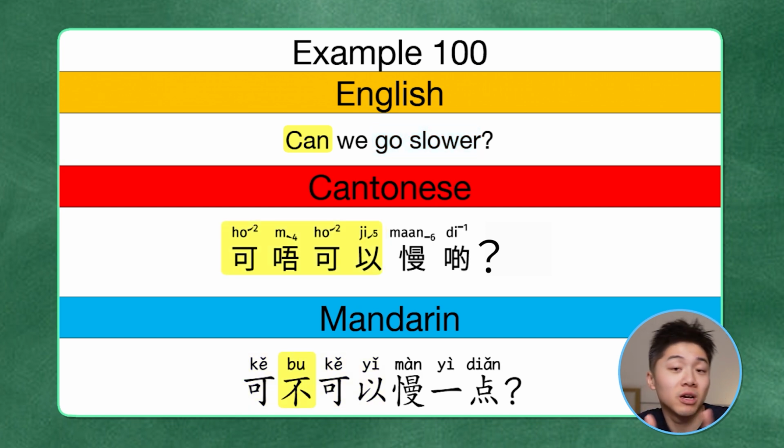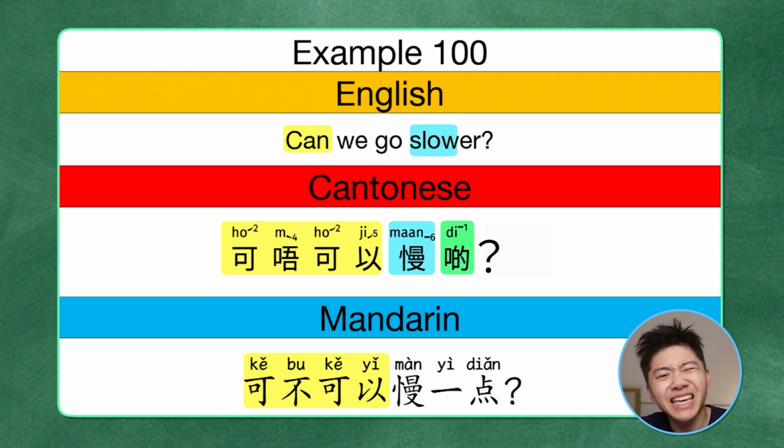And then 慢 means slow. 慢啲 means a little bit; in Mandarin you say 一点. So, can we go a little slower? 可唔可以慢啲, 可不可以慢一点.